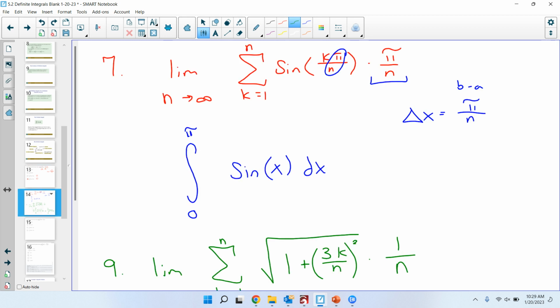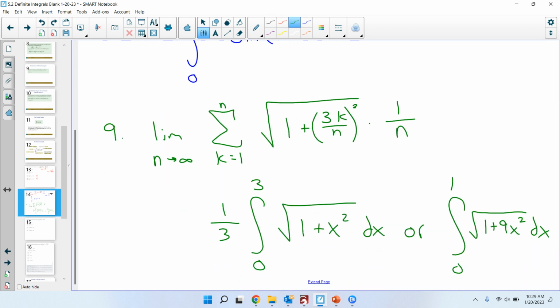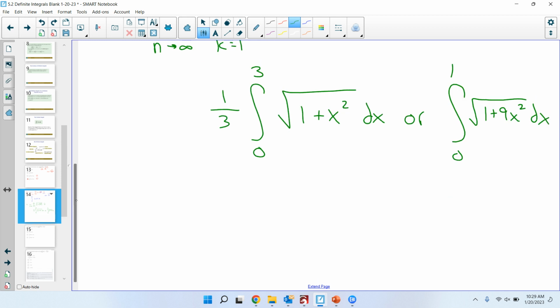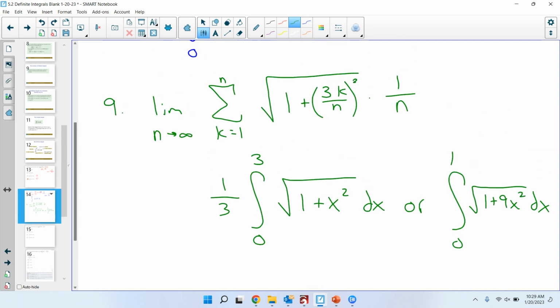Here it's going to be our 1 over n's times k that are going to turn into our x's. Do you agree? Do you see a 1 over n times k here? So we have 3 x's. When you square 3x, you get 9x squared under the square root. There's that second one. I think that one's the easier one to come up with.